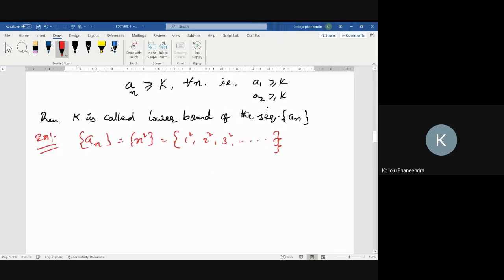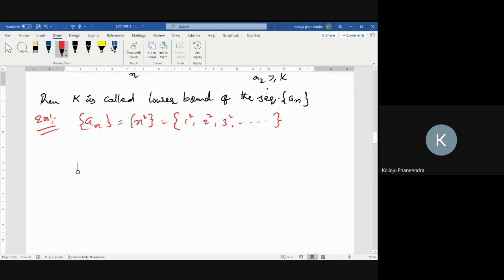Okay. So simply every value is greater than or equal to what? 1 square is greater than or equal to 2 square is greater than or equal to 3 square is greater than or equal to what value? 1, exactly. Maybe 0 also, right? So let me take 1, 1, 1, 1, and so on. Or 1 square is greater than or equal to 0.9, 2 square is greater than or equal to 0.9, and so on.